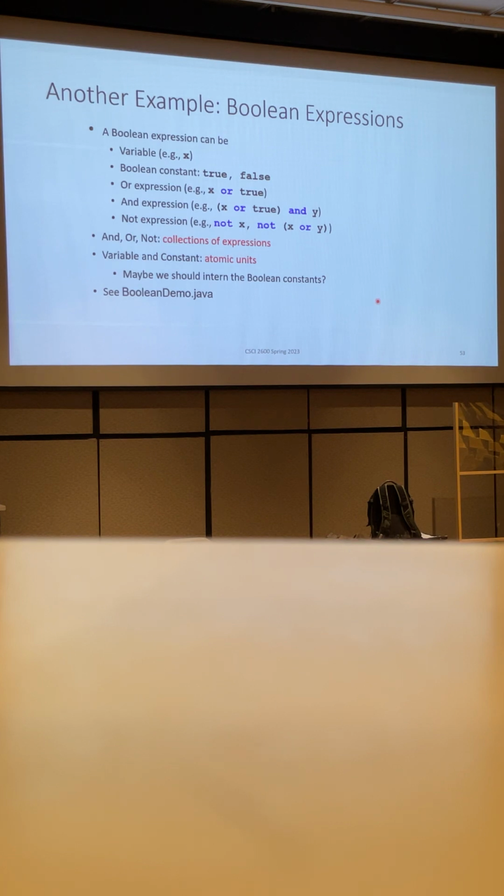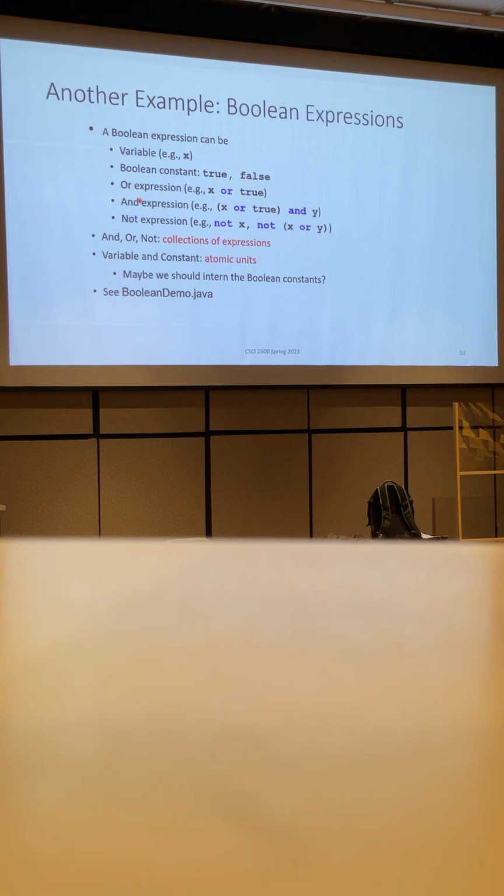So another example, Boolean expressions. That's something that would probably be closest to you in understanding of why composites are useful. So we have the Boolean expression, which can be a variable or a constant, like true and false. Or it can be an expression, like x or true, x and true.